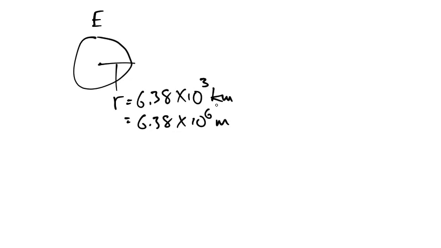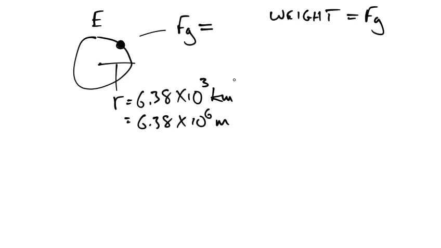Now we have a spacecraft on the Earth. If this spacecraft was sitting here on the Earth, its force of gravity, actually its weight, because whenever they say weight, it is equal to the force of gravity.